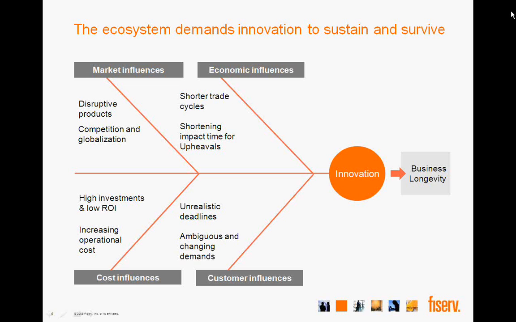If you look at the cost influences, the investment on innovation and research and development is becoming higher and higher as the day progresses. We are spending more time trying to invent things, and more time trying to innovate on the things that we have. Research and development itself is becoming highly critical and highly expensive.